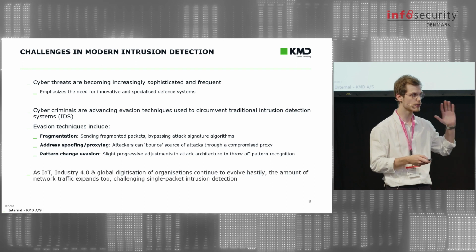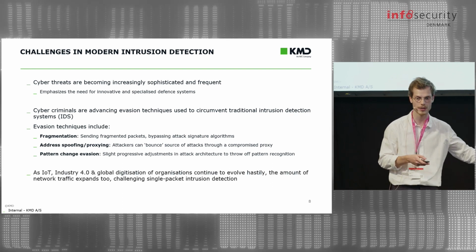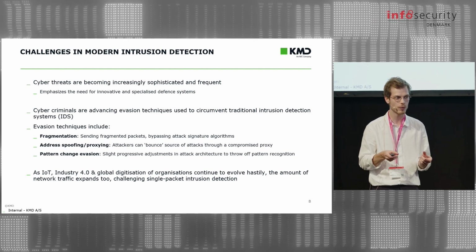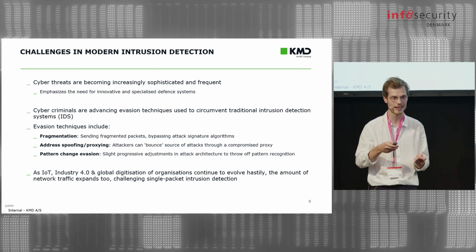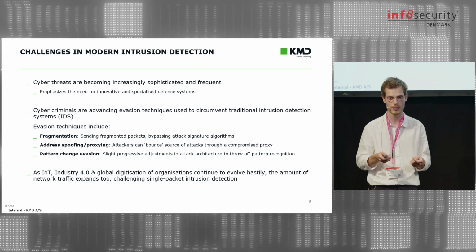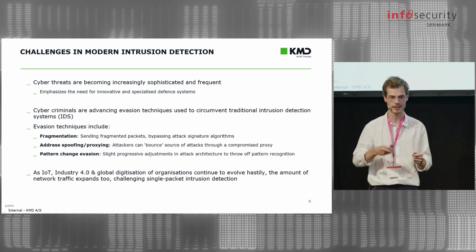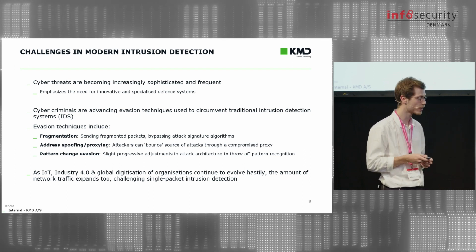So alongside the hastily developing digitization of the world, and we keep increasing the amount of network traffic, looking for threats and detecting intrusions in a network becomes ever more difficult, with us looking for a small needle in a large haystack of the network.